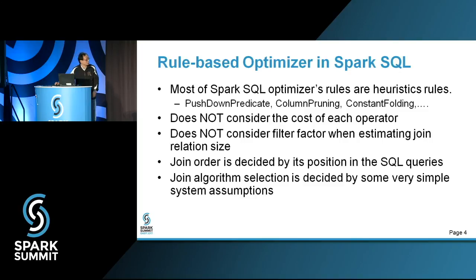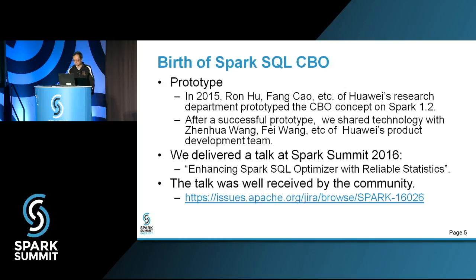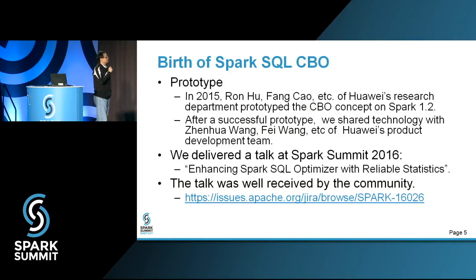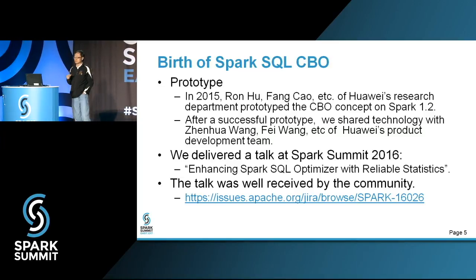As for the join order in a multi-way join query, the order is mainly decided by a table's position in the SQL query. As for the join algorithm, it is selected based on some simple system assumption.